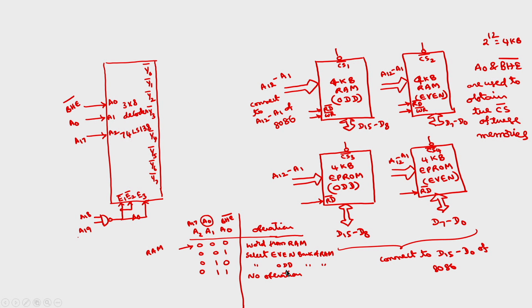Okay. And if I take this, 4 will be for RAM. Now next 4 will be for EPROM: 1 0 0, 1 0 1, 1 1 0, 1 1 1. These are all for EPROM.